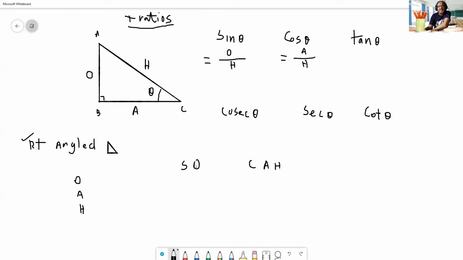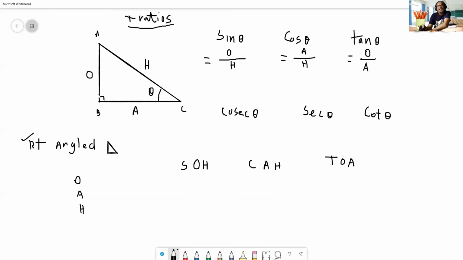So this is SOH, this is CAH, and this is tan theta, which is opposite to adjacent. So you can remember this as TOA. So, SOH CAH TOA, you can say.